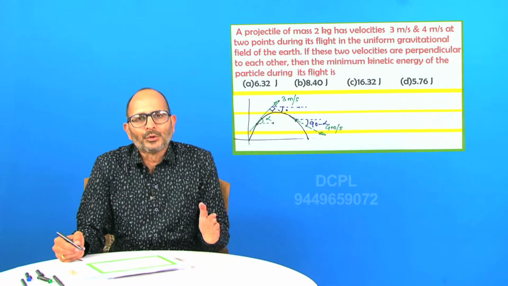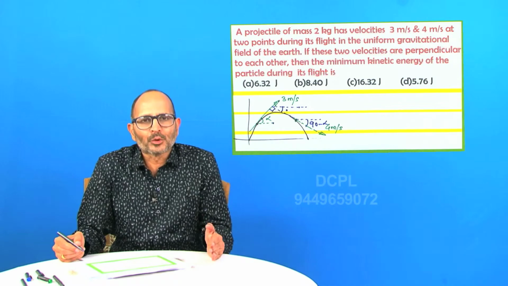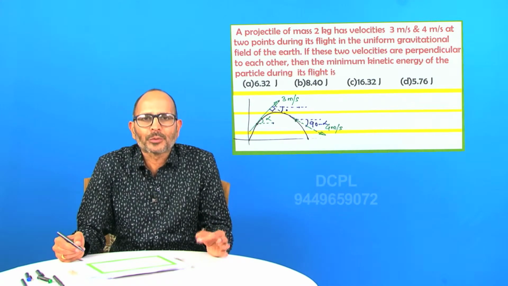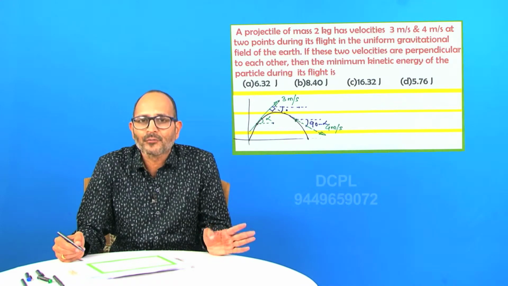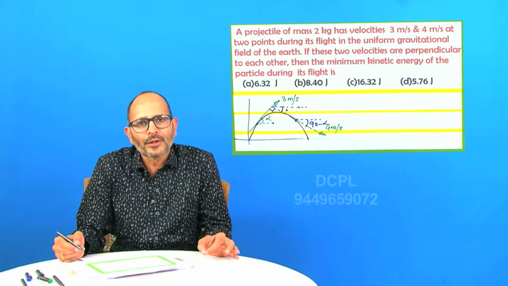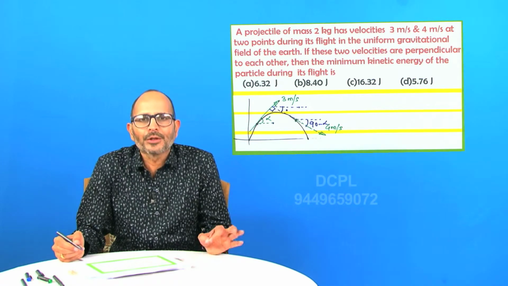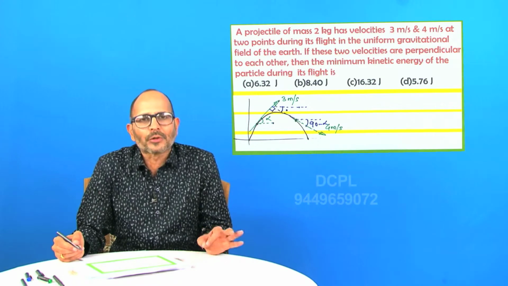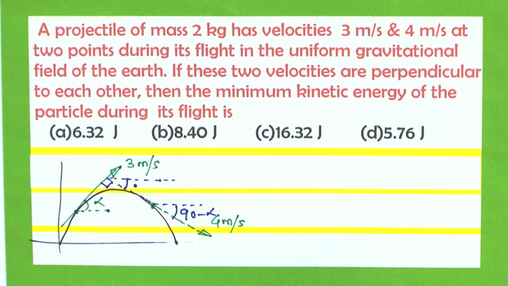Now, you know very well that in a projectile motion, the horizontal velocity of the particle will always remain constant, because it is moving in the gravitational field, which has an acceleration only in the vertically downward direction. So, I will just equate the two velocities in the horizontal direction.